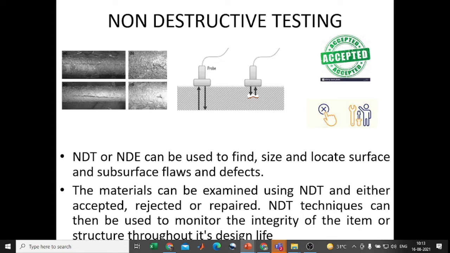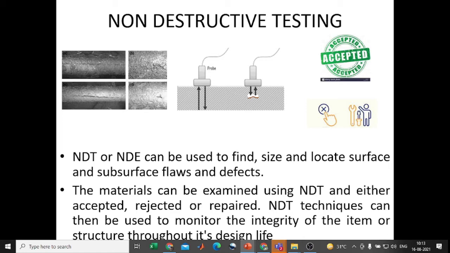Not only acceptance and rejection, but repair is also available in mechanical engineering or manufacturing industries. So based on non-destructive testing, we can accept or reject the workpiece, and also we can repair it.